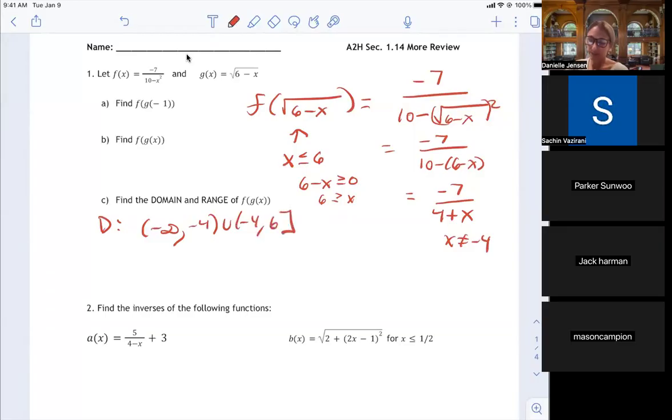-4 to 6. And remember what else I said about compositions, that when you find the range of compositions, you really want to keep that domain in mind. And you can see here why. Because if I just looked at -7 over 4 plus x, x could be anything except -4, but we know that's not the case. X can be anything except -4, but the highest it can be would be 6.